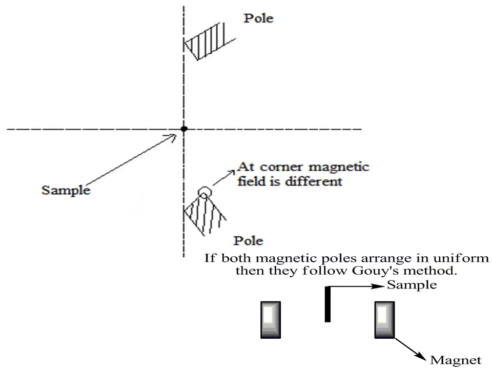Here is a schematic representation of Faraday's balance, but before going into it, first look at the right bottom of this slide. Here you can see the two poles of a magnet placed at right angles to each other. That is the arrangement of Gouy's method.